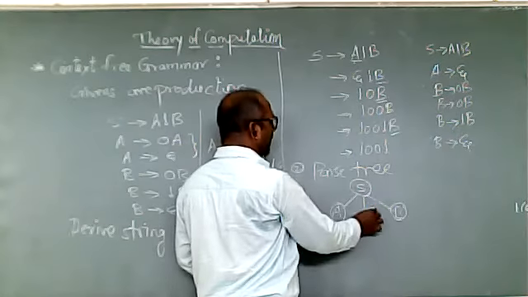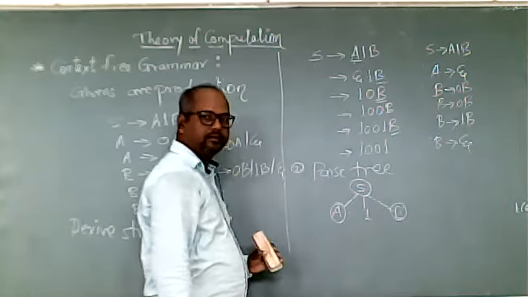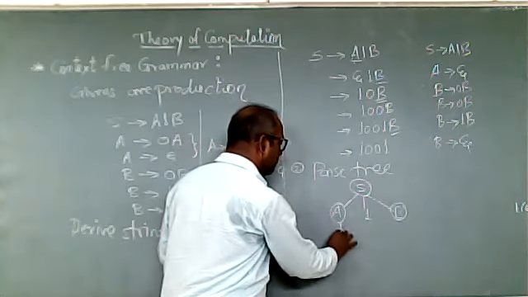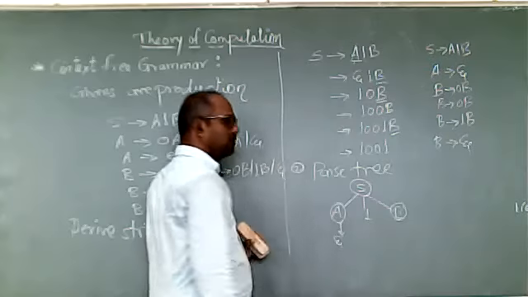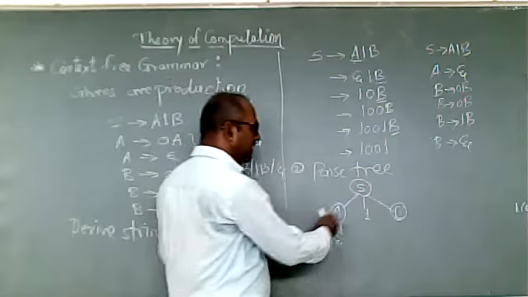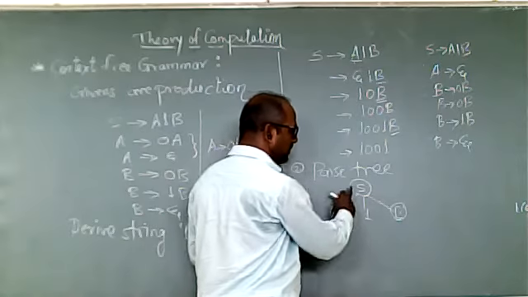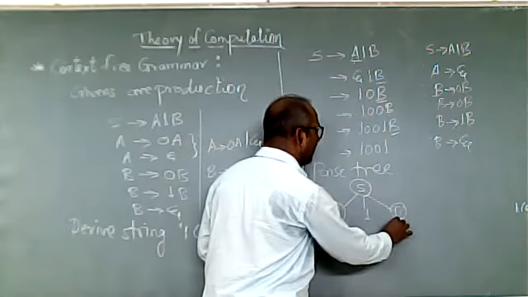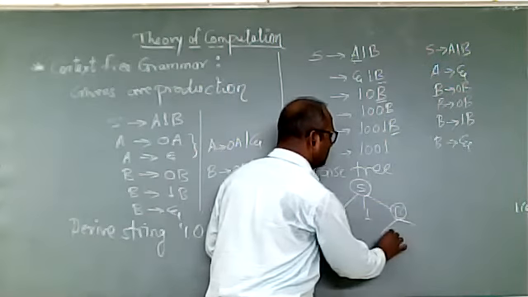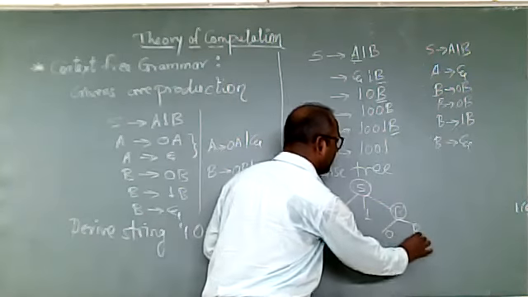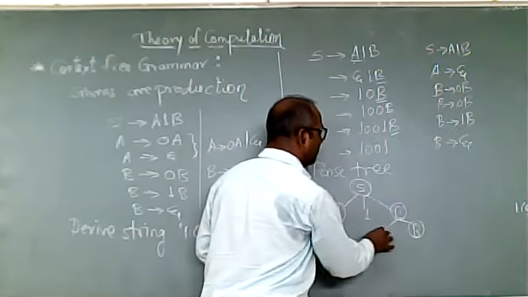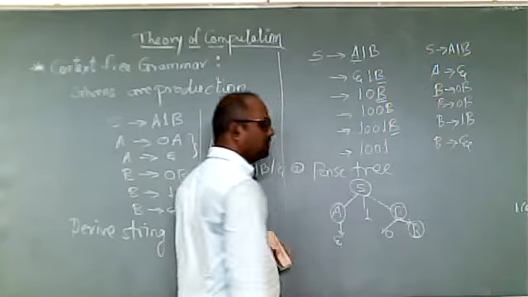Now after that I have reduced this A with epsilon. After that, from a terminal I cannot produce anything. From B I have produced 0B.